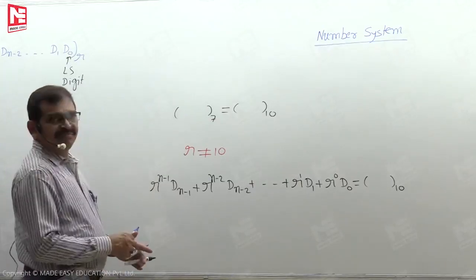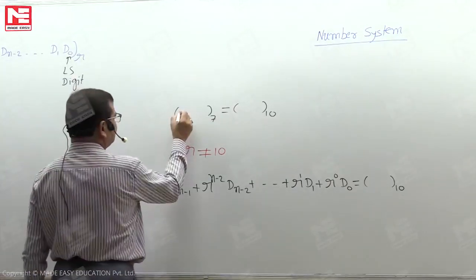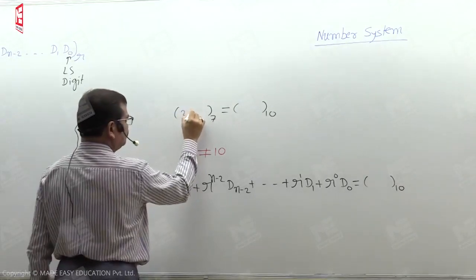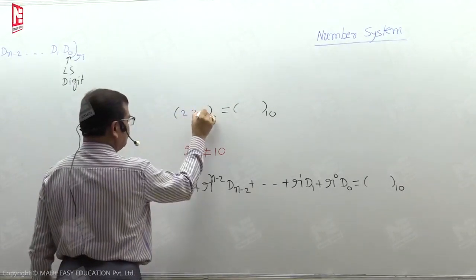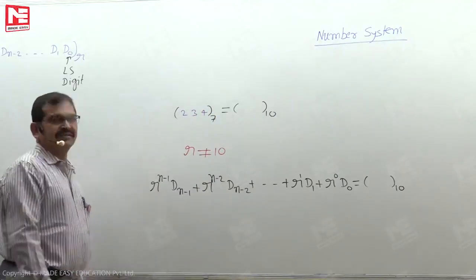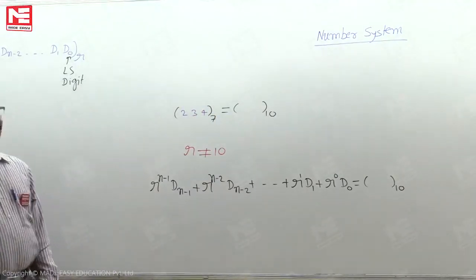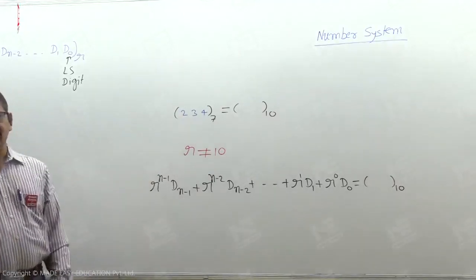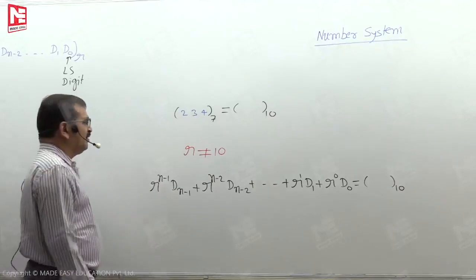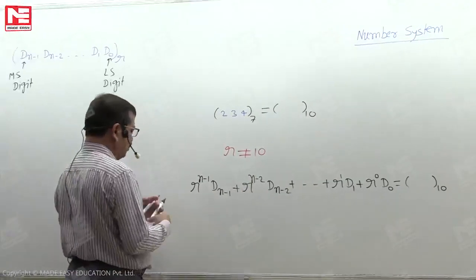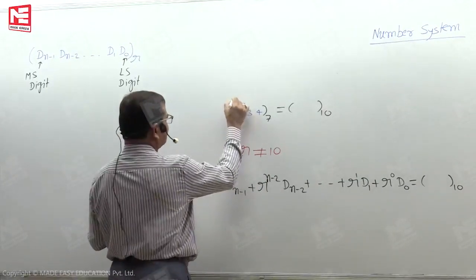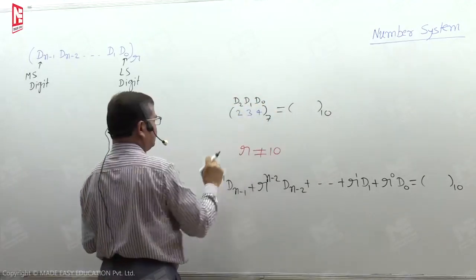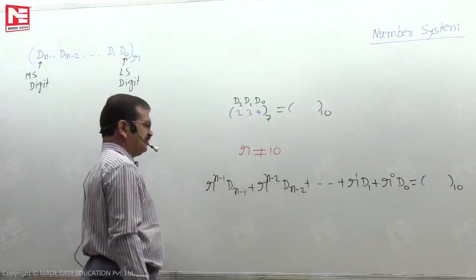Say for example, we are having a given number as 2, 3, 4, which is having the base as 7. For this number, if at all we are having the interest to look at what is its equivalent decimal value, then based on this we are looking here, this digit is d2, this is d1, this is d0, so that this is the most significant digit.